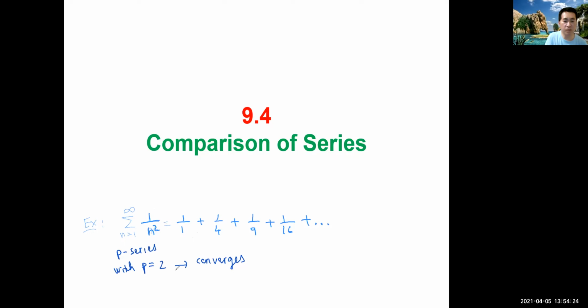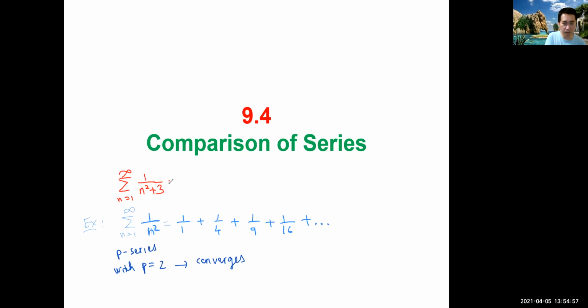Now suppose you are asked to determine whether this series converges: 1 over n squared plus 3. You should notice that in this case, it's not a P series anymore because you have extra terms at the bottom.